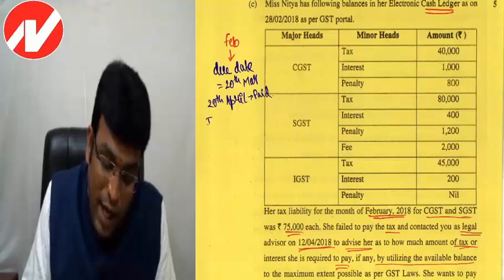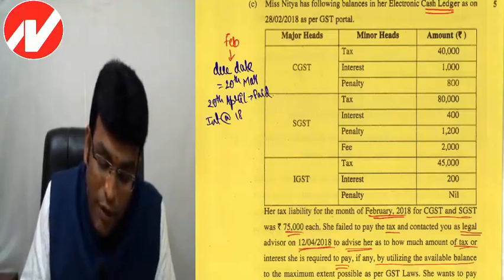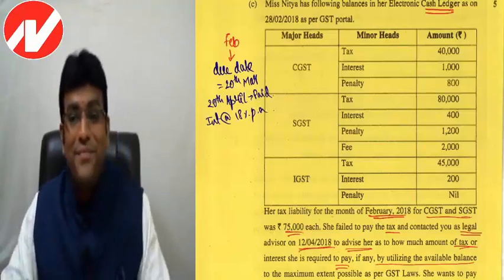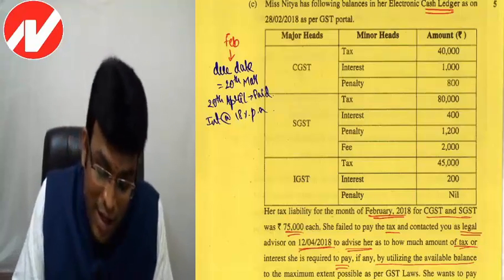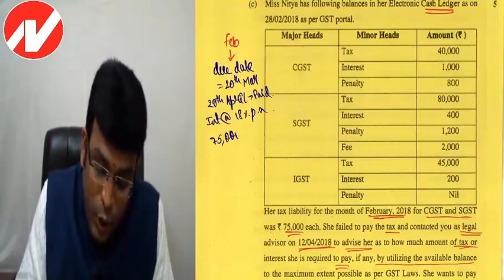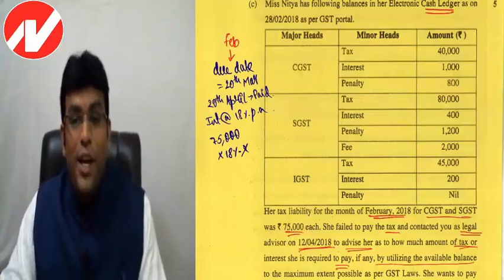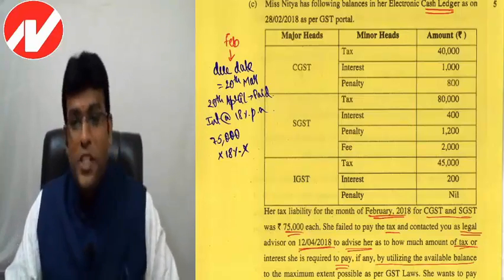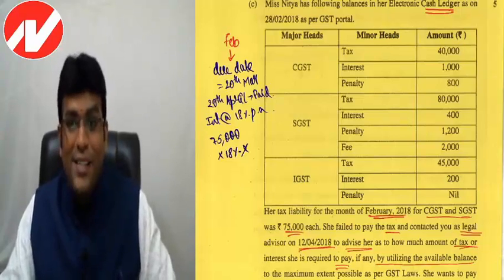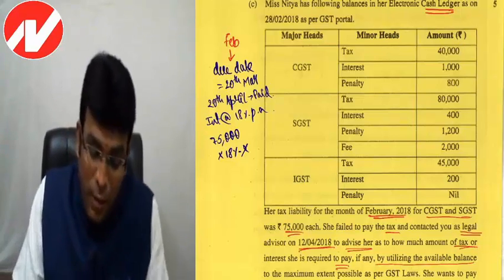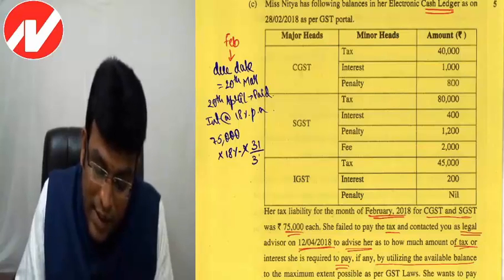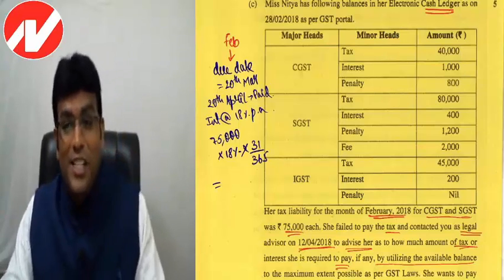So obviously, interest will come at the rate of 18% per annum. And what is the figure, by the way? 75,000 into 18%, for the period after 20th March. So interest will start from 21st March. So March 11 days, April 20 days. So it becomes 31 days divided by 365.